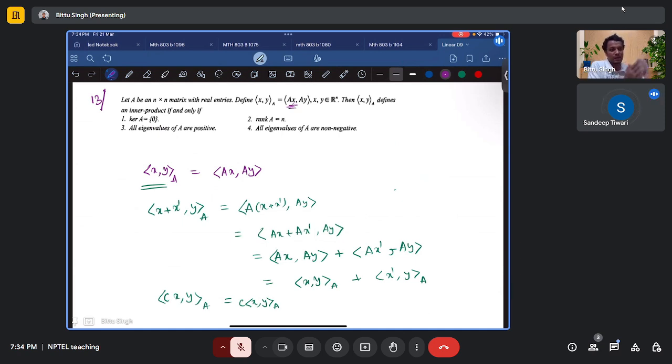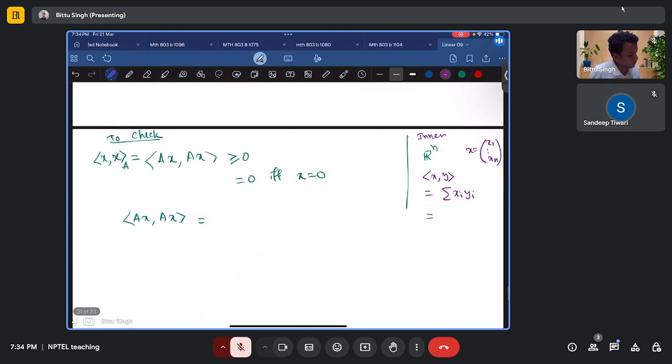This is the same as x transpose times y, the transpose of the first thing times the second. But this is the same as x transpose A transpose, and this is Ax.